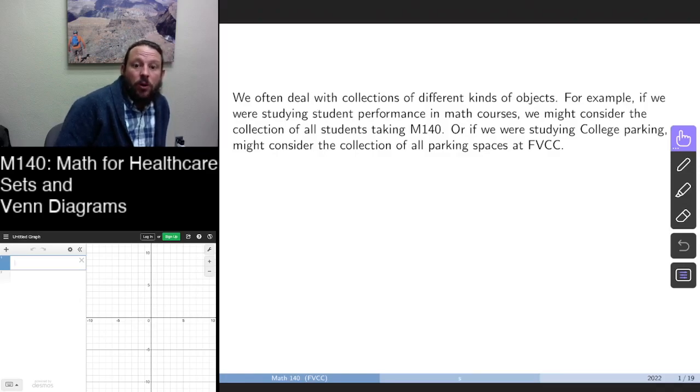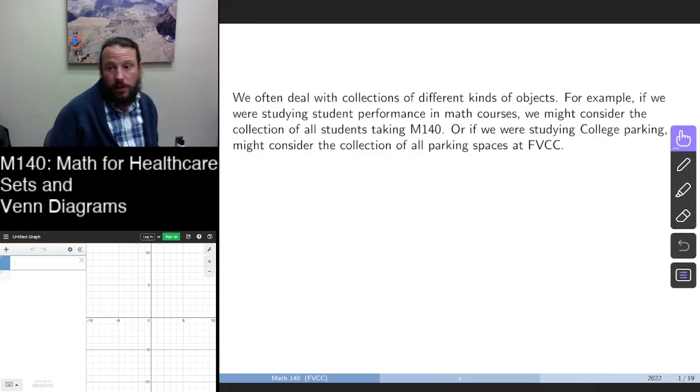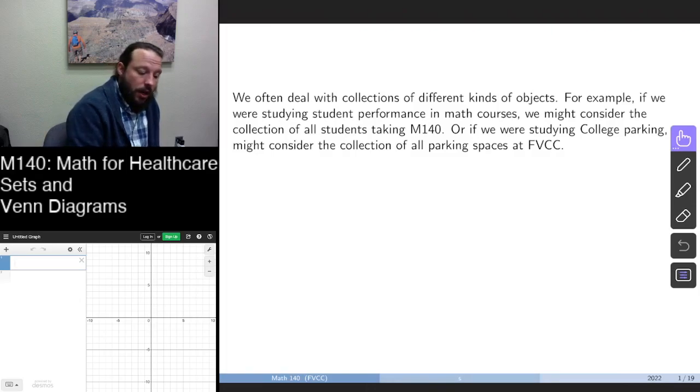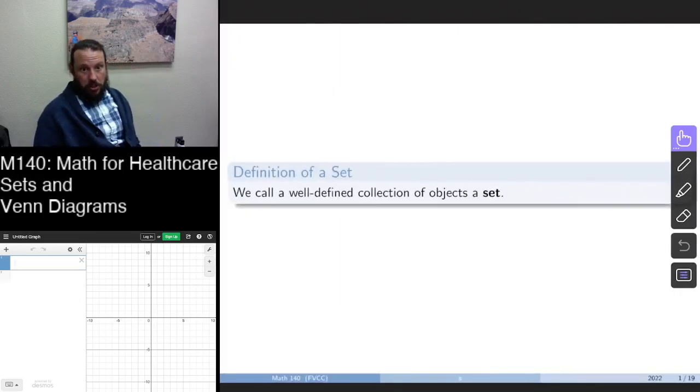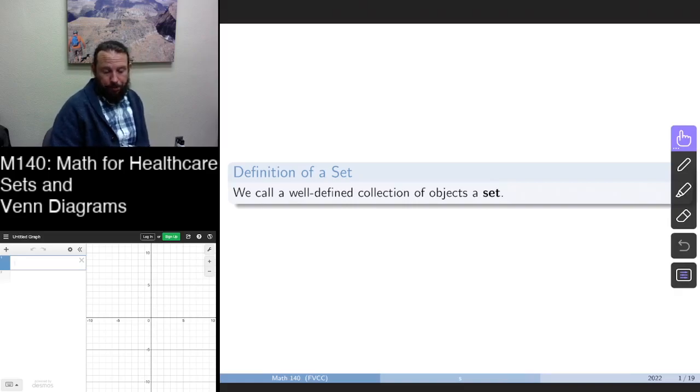Or if we're studying college parking, we might consider the collection of all parking spaces at FECC. Those are collections of objects, and that is all a set is: a well-defined collection of objects. Well, what do I mean by well-defined?